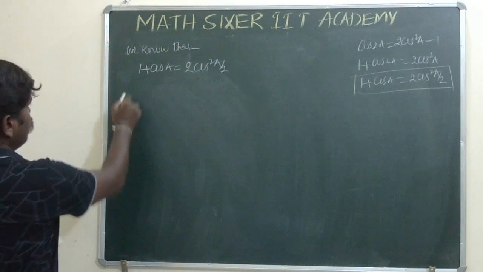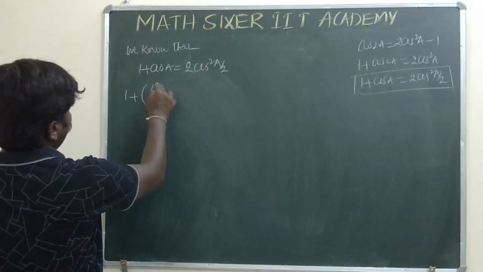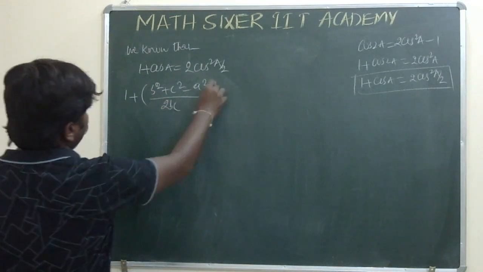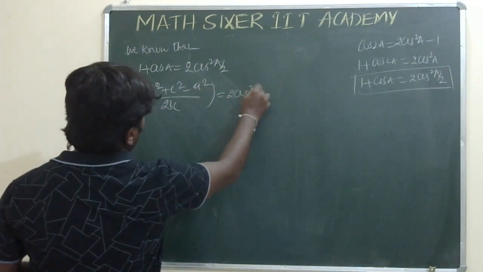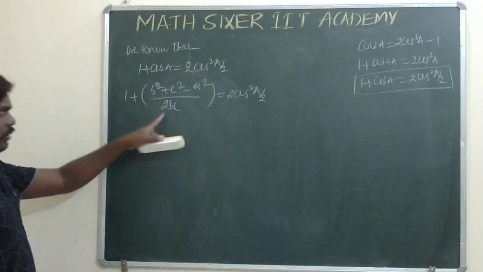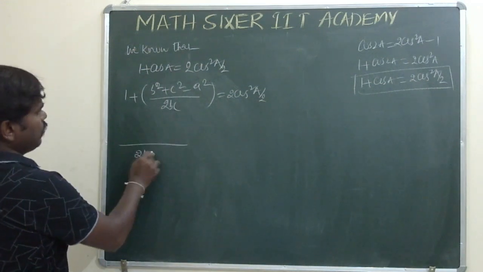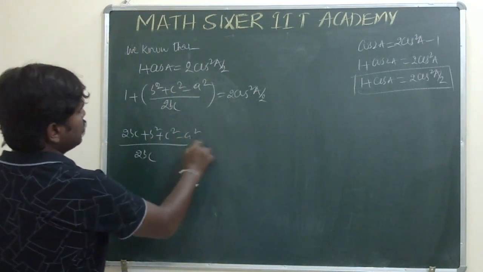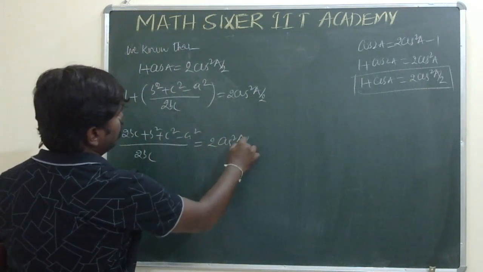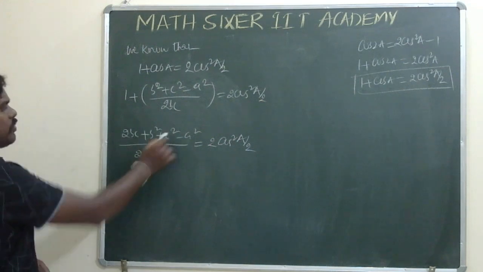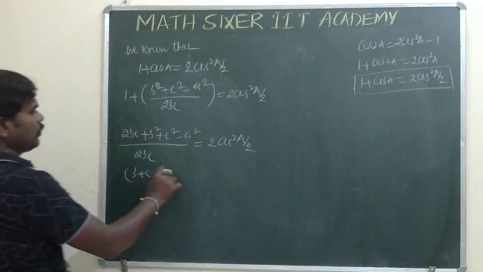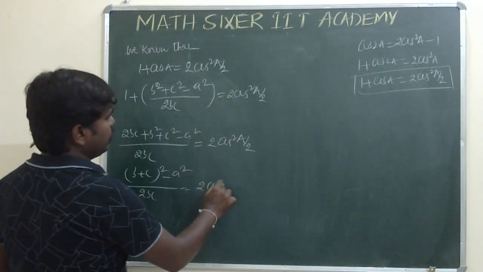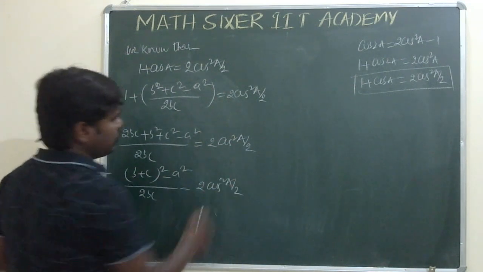Okay, so 1 plus cos a means what here? b square plus c square minus a square divided by 2bc is equal to 2 cos square a by 2. So now take the LCM. LCM is equal to what? 2bc. So here 2bc plus b square plus c square minus a square is equal to 2 cos square a by 2. So now with these three terms we can write b plus c whole square minus a square by 2bc is equal to 2 into cos square a by 2.